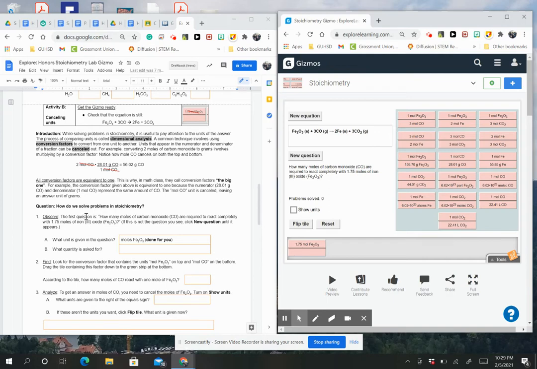Right here, the first question says, how many moles of carbon monoxide are required to react completely with 1.75 moles of iron 3 oxide? So I have 1.75 moles of iron 3 oxide, and I want to convert that to carbon monoxide. My starting unit is going to be moles of iron 3 oxide, and then I'm going to moles of carbon monoxide. So I'm going to find a fraction that has both of those.